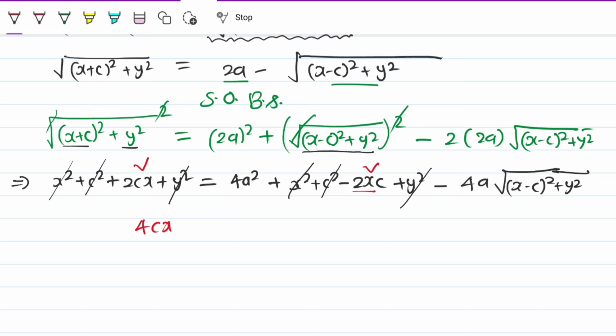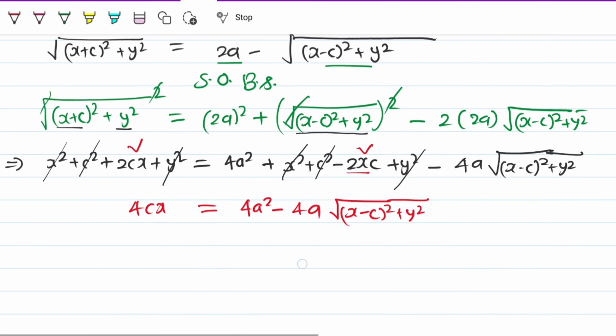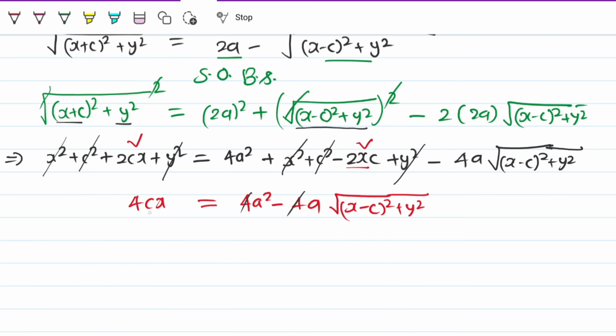Okay, equals to, right hand side we have minus this 4a square minus 4a root over x minus c whole square plus y square. Okay, now you can see 4 common and 4 cancel. Okay, so we are getting cx, and this a square we can take left hand side, cx minus a square equals minus a root over x minus c whole square plus y square.